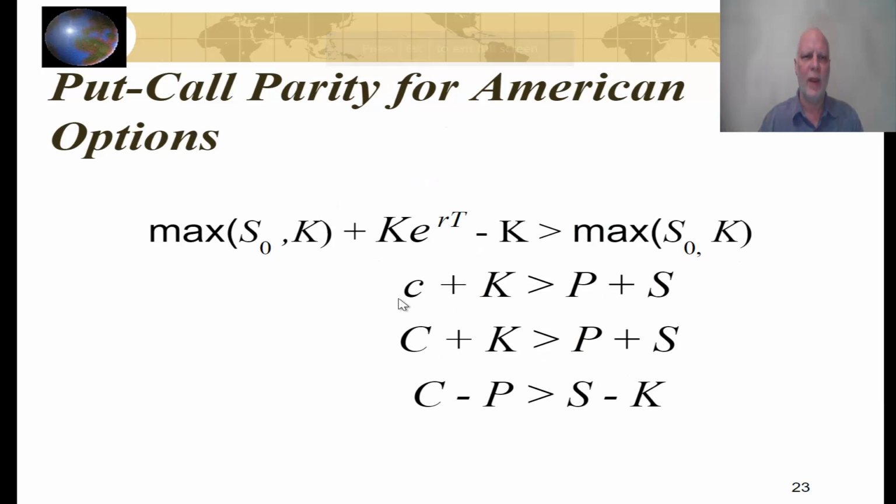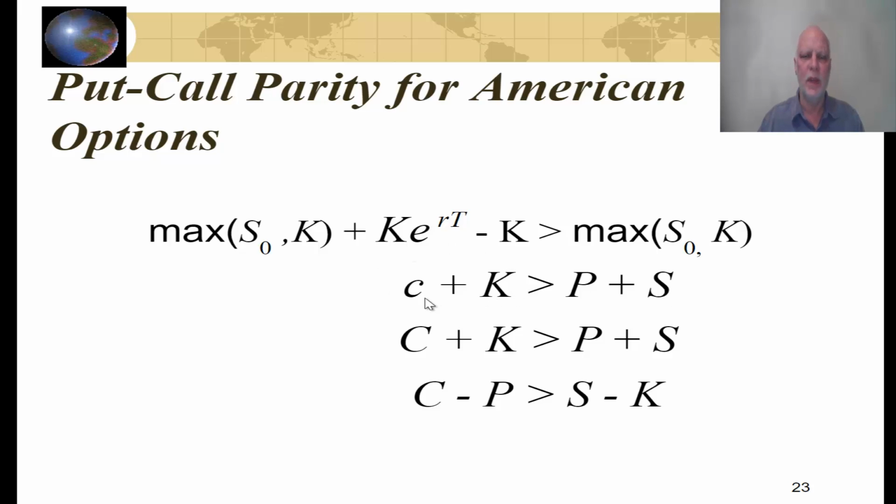To derive the other half of the put-call parity relationship for American options, we will consider the following two portfolios: a European call option and an amount of cash equal to the strike price of the European call option, and we will compare that with an American put option plus the underlying stock.